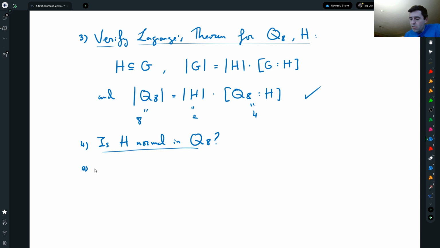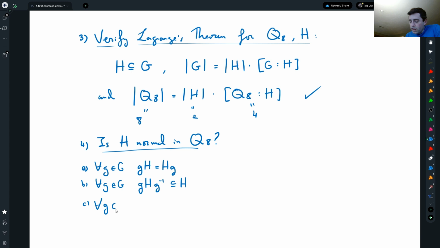Let's say A, for all the G's in G, we have that the left coset is the same as the right coset, or alternatively, B, for every G in G, G H G inverse is contained in H, or C, equivalently, for all the G's in G, G H G inverse is, I meant actually this one to be the equality, and then it is equivalent actually to just one inclusion.